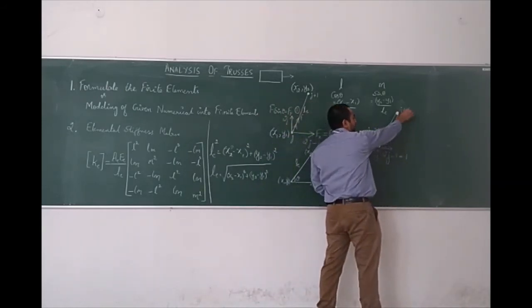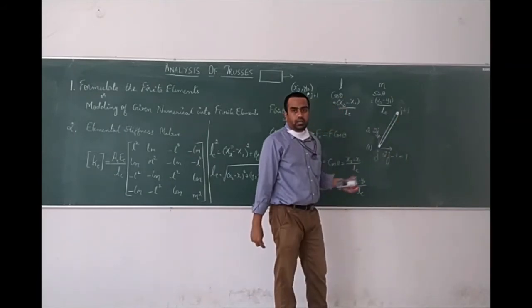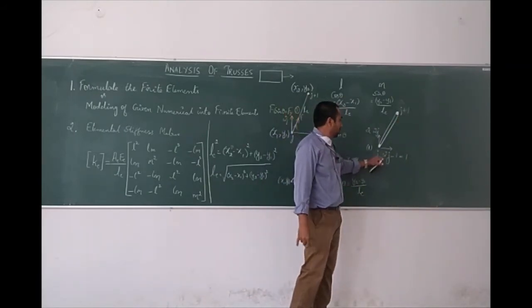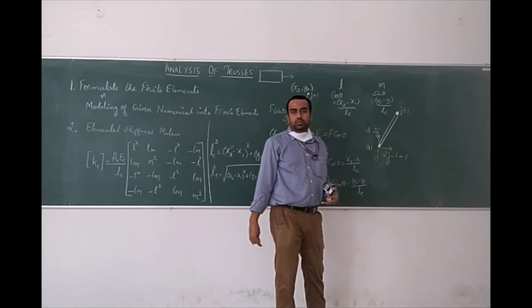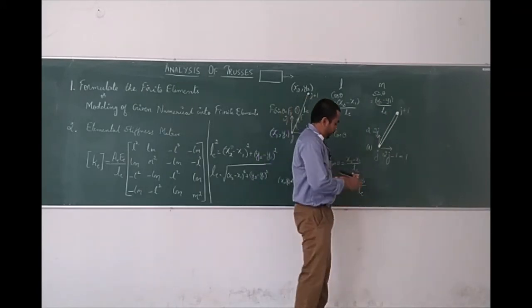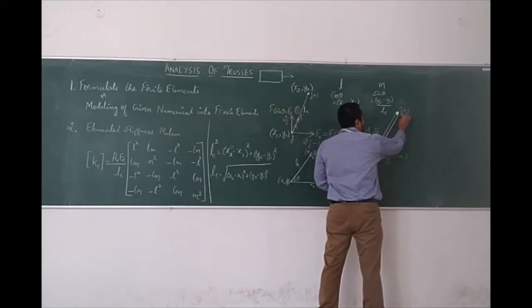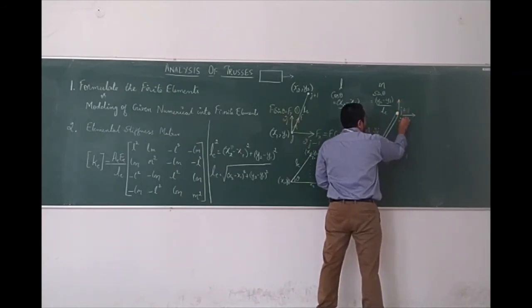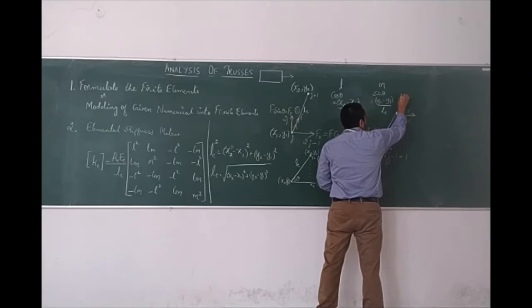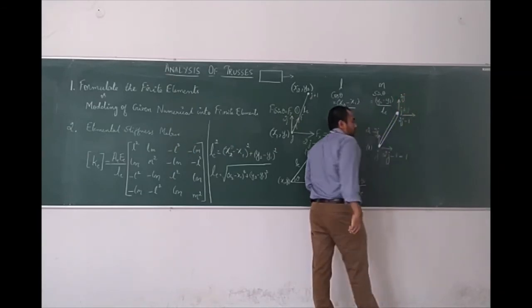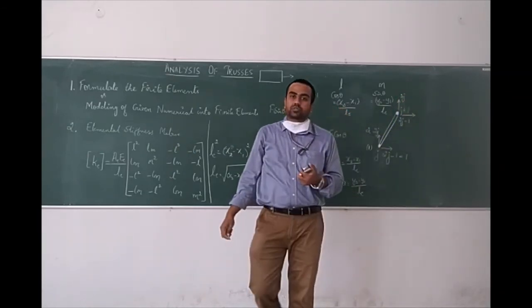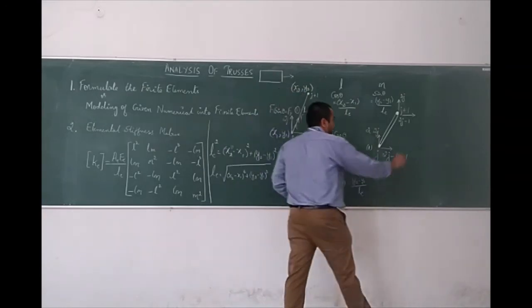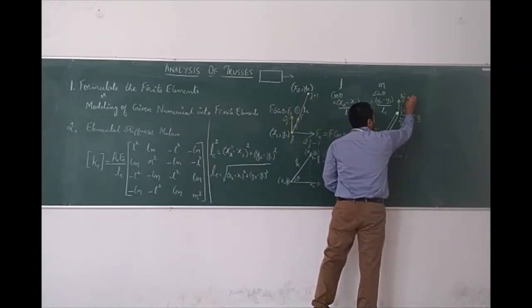Similarly, J plus 1, if J is equal to 1, J plus 1 is 2. 2J minus 1 at this location and this is 2J. So 2 into 2 is 4, 4 minus 1 is 3, and this is 4.